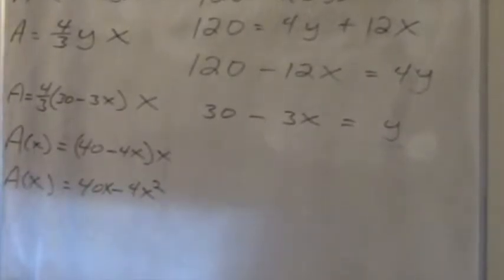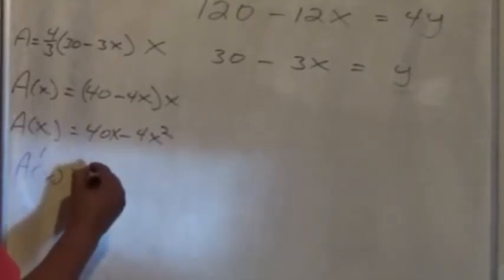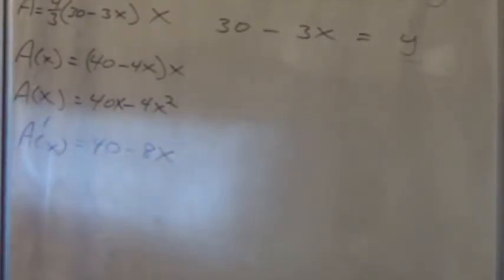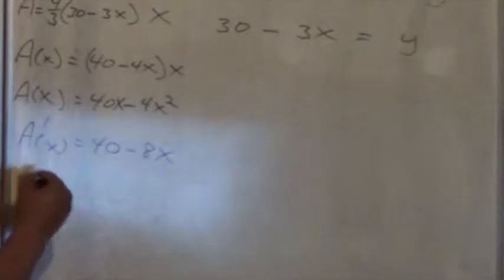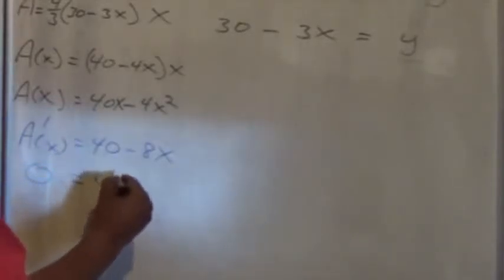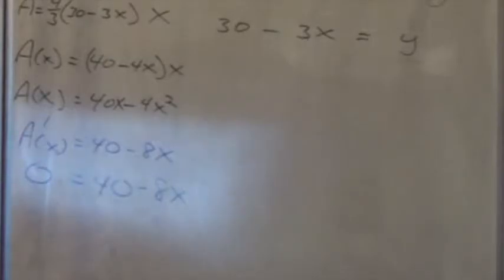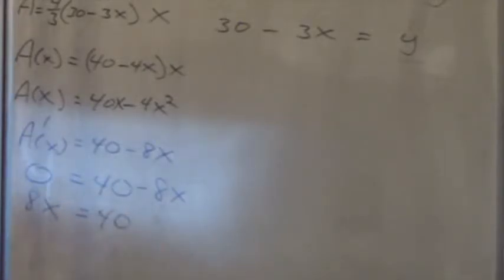Now we want to take the derivative of A of x, and we get 40 minus 8x. Now from here, we want to set this equal to 0 and solve for x. I'm going to add 8x to both sides, and then I'm going to divide by 8.